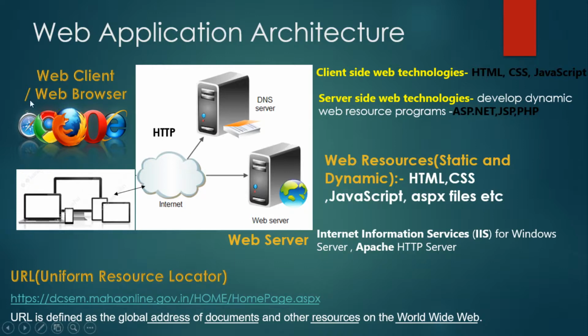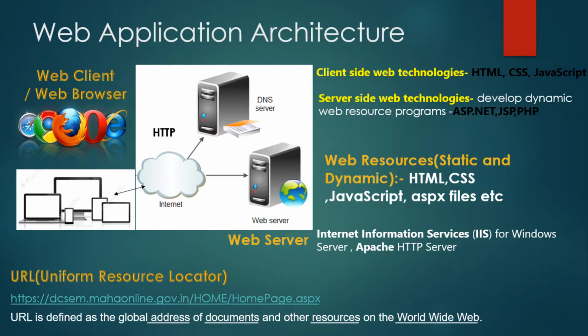So this is about HTTP, DNS server, and web servers. There are different web servers. For example, for the web client you use different web browsers, like Google Chrome, Opera, Firefox. Similarly, on the web server side, there are different web servers developed by different companies.